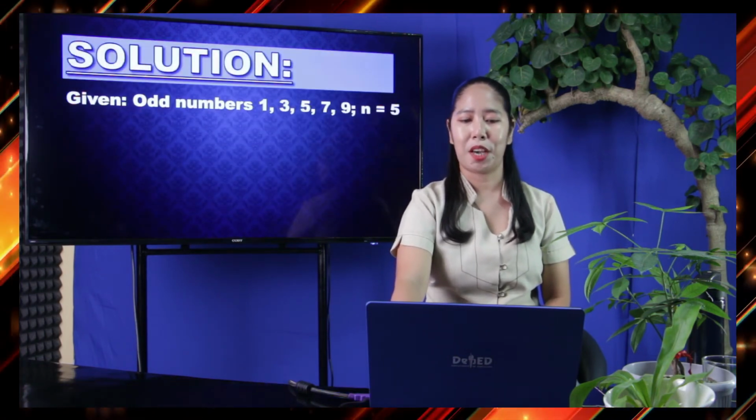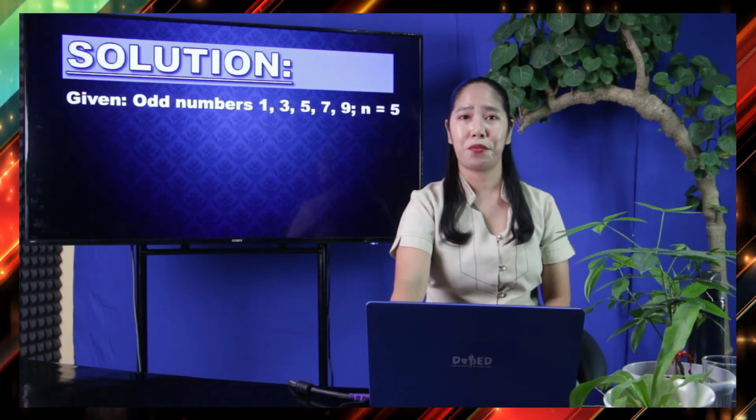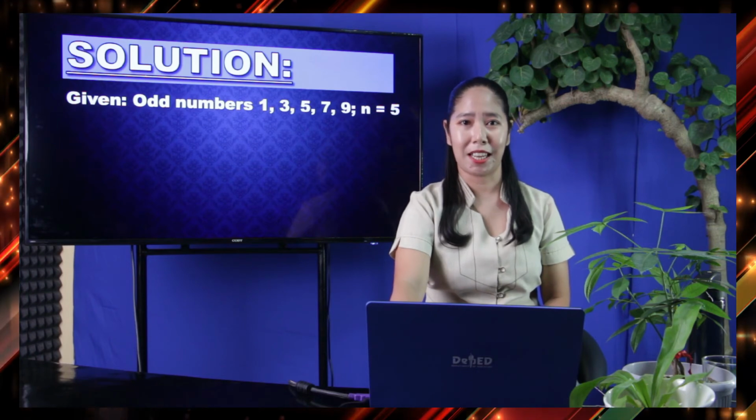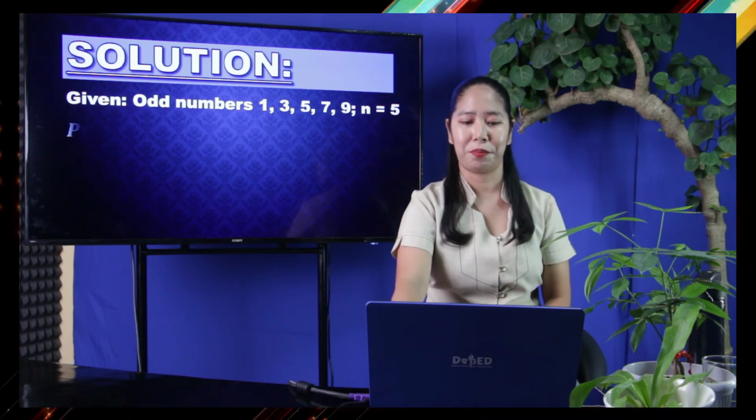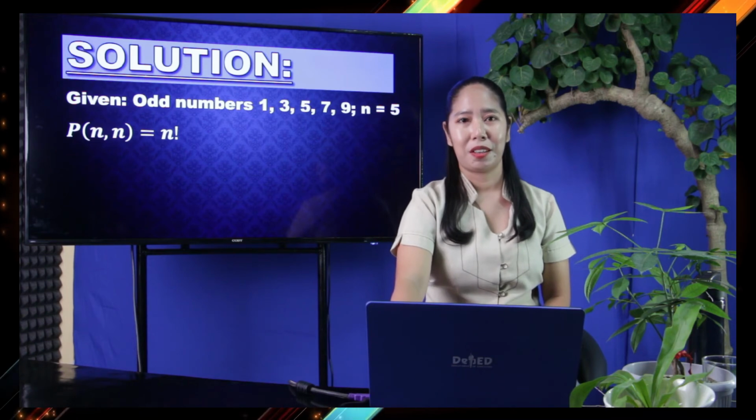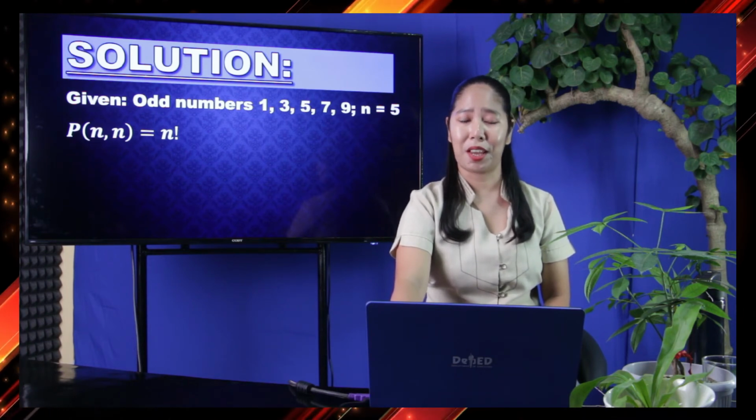Time is up. Since the given are all odd numbers from 1 to 10, and odd numbers are numbers which are not divisible by 2, therefore, we have 1, 3, 5, 7, and 9, which means our n is 5. So, we are going to make use of the second formula.